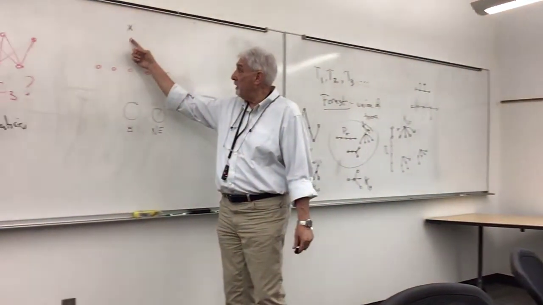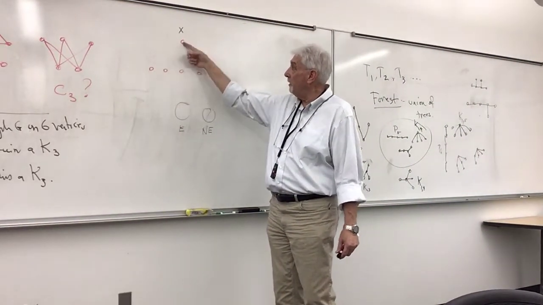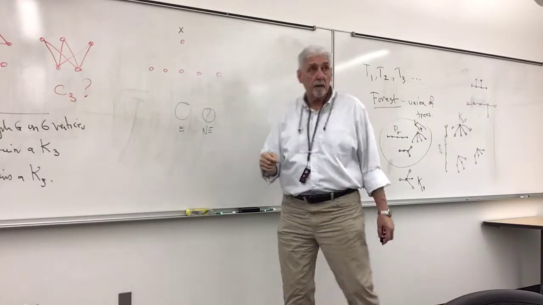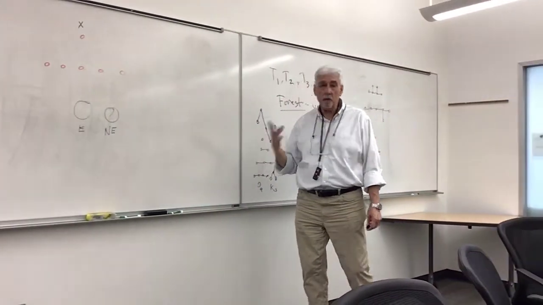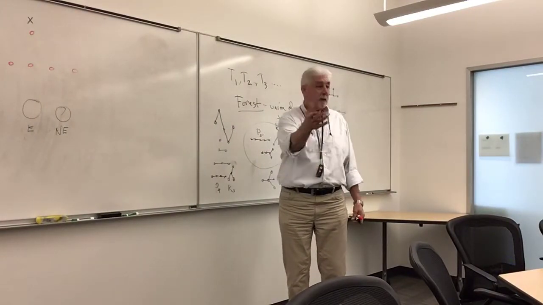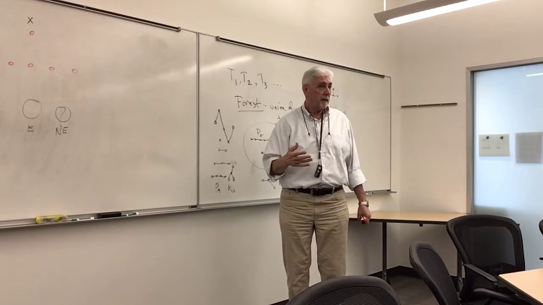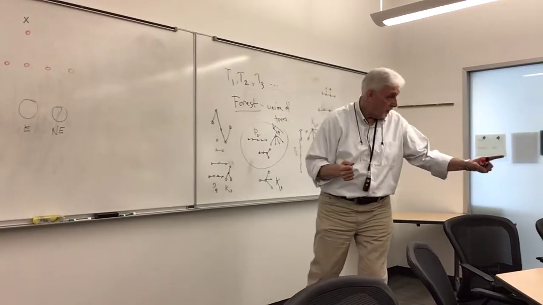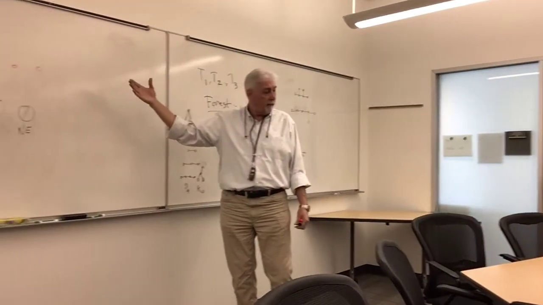Okay, so again, my pigeons are this pair, this pair, this pair, this pair, and this pair. 5 pigeons, 2 holes. You told me what the pigeonhole principle was, didn't you? One hole has more than one. Oh, no, you can do better than that.